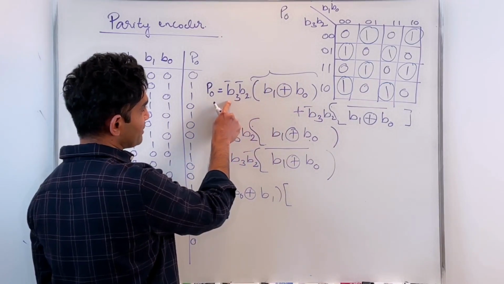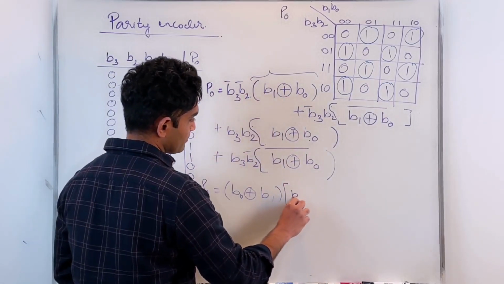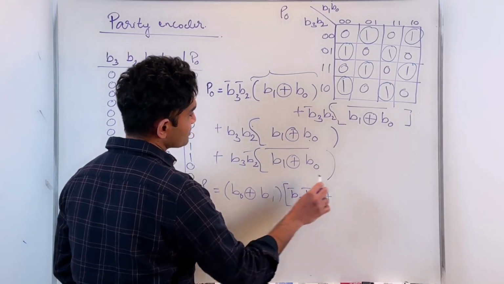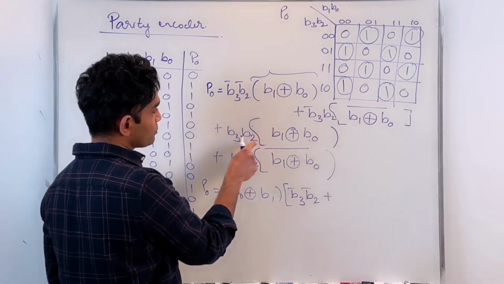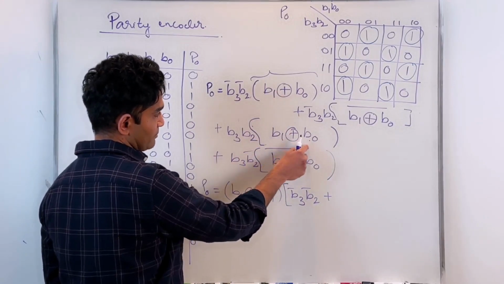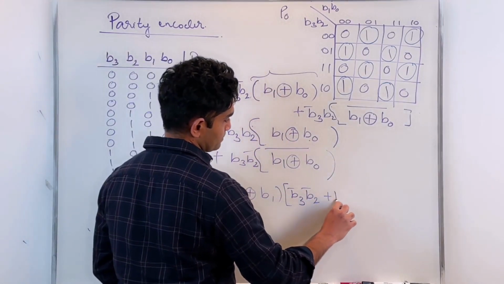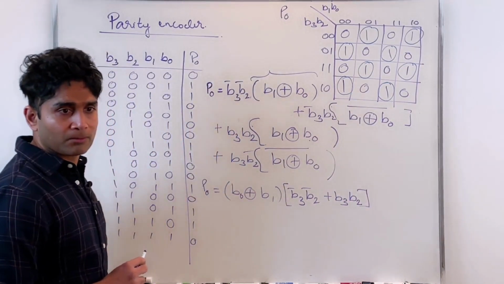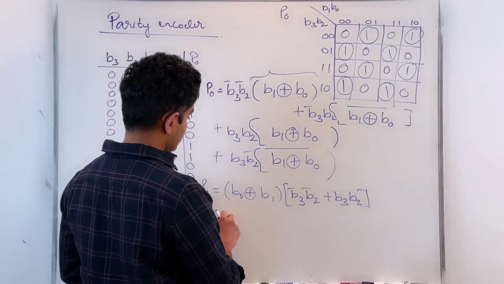So what I have here is B3 prime, B2 prime plus, combining this with this one which had the same factor, B3, B2. Okay. And same thing here.